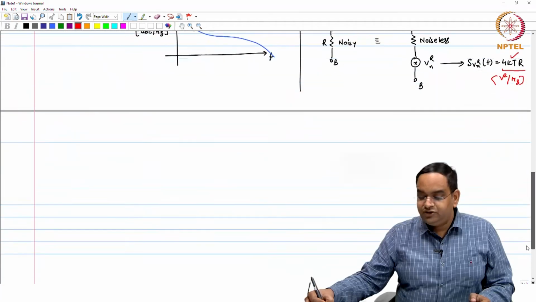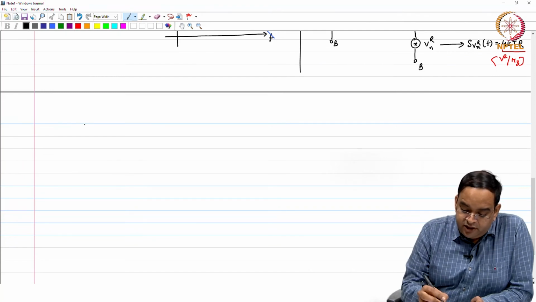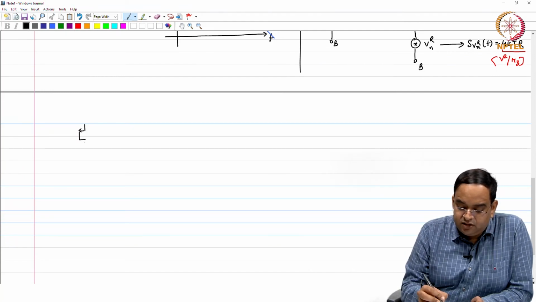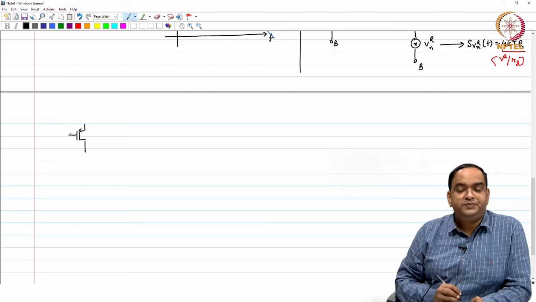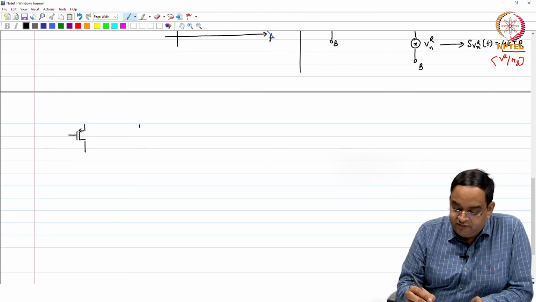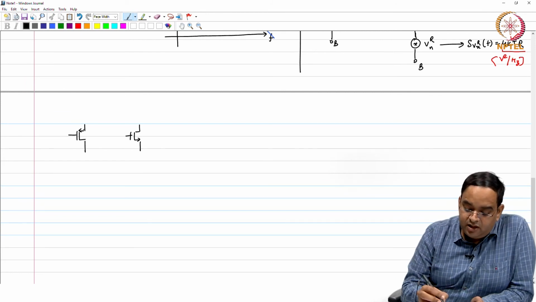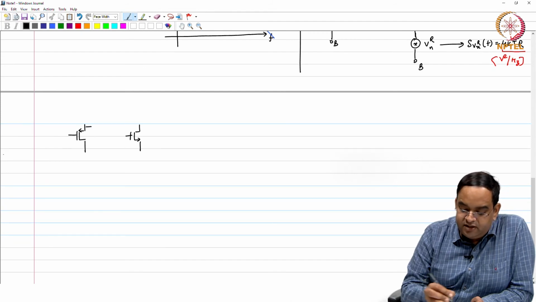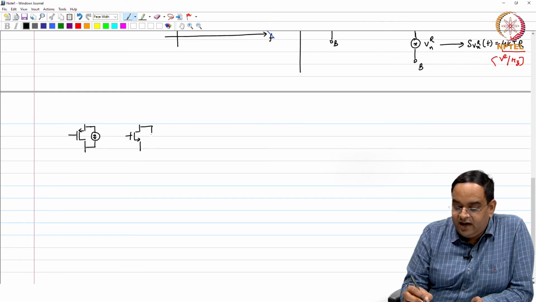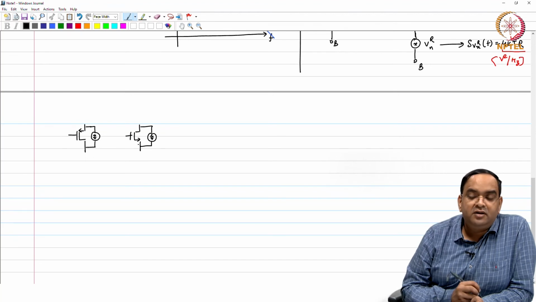Similarly, as with the resistor, you have noise coming from the MOSFET also. Each MOSFET, whether NMOS or PMOS, or BJT, NPN or PNP, can be replaced by a noiseless device and a noise current in parallel with it.